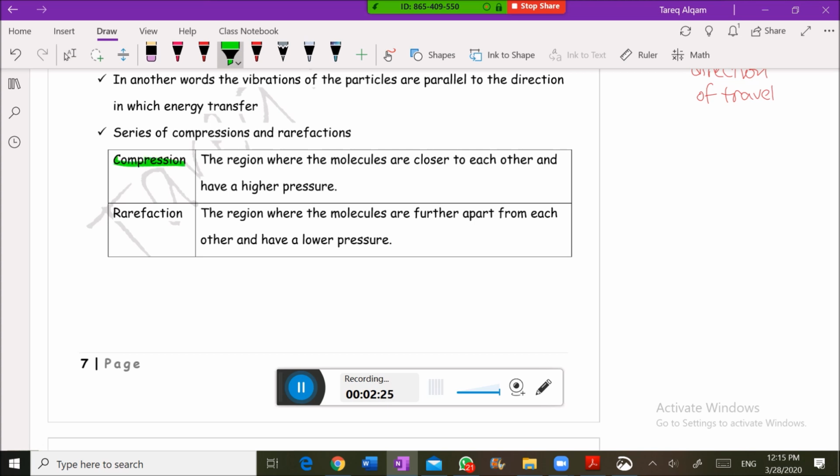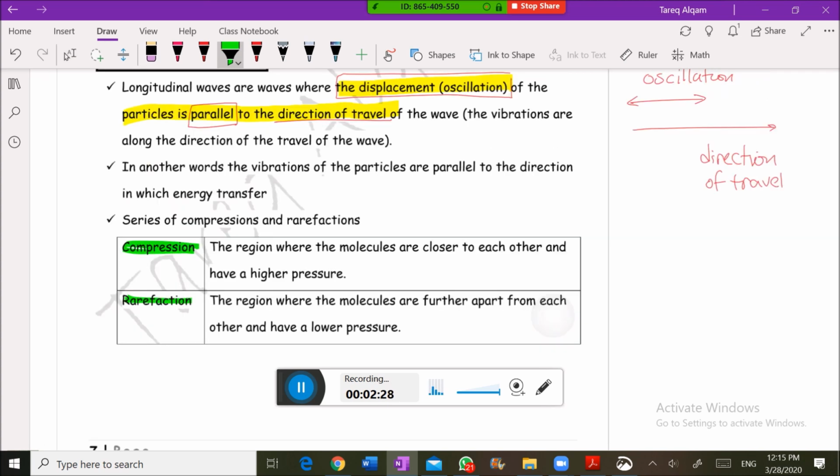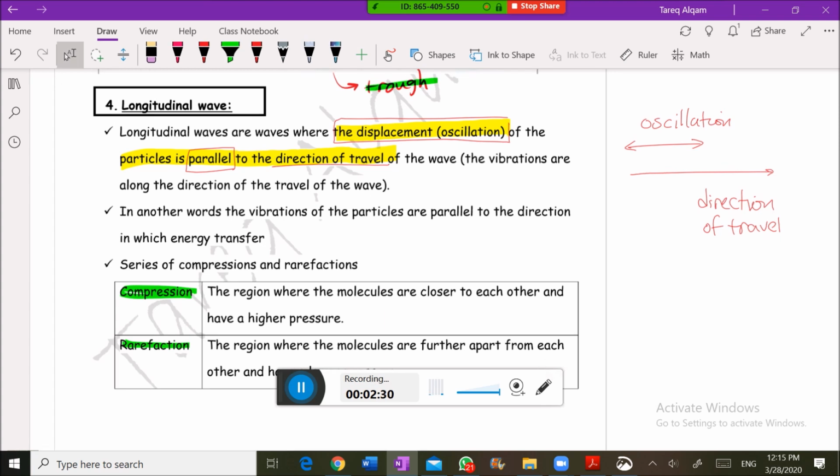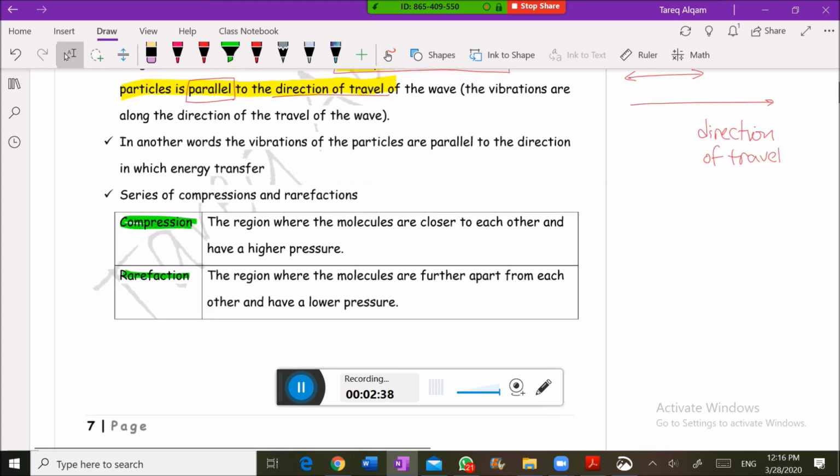Regularly, longitudinal waves or sound waves consist of mainly two regions, compression and what? Rarefaction. Compression is the region where molecules are closer to each other and have high pressure. Rarefaction is the region where the molecules are further apart from each other and has lower pressure.